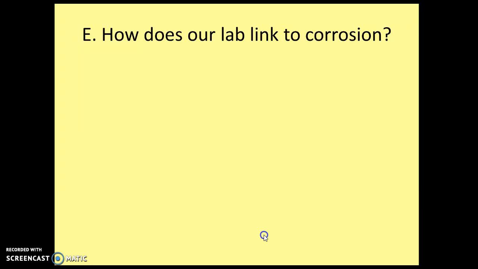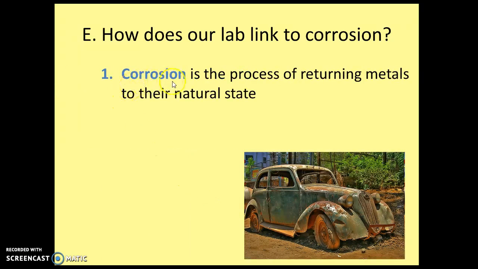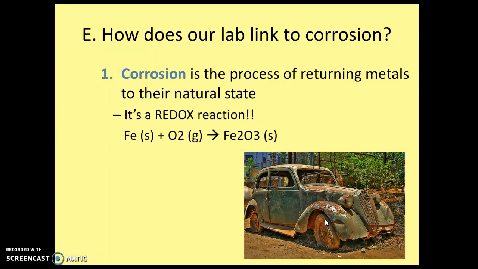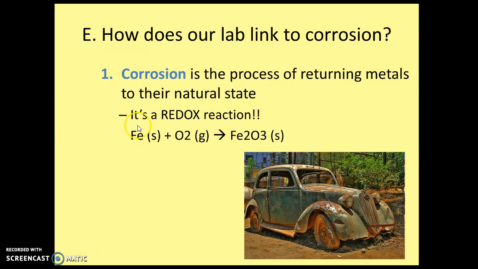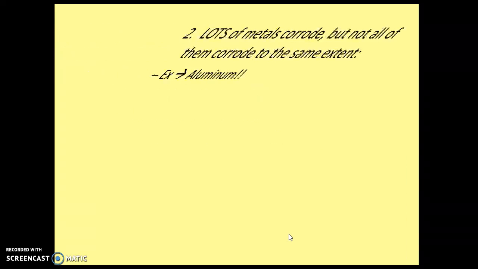How does our lab link to corrosion? So we did that virtual lab. Corrosion is a process of returning metals to their natural state. Corrosion is when metals are reacting with oxygen, so we can see rusting form. It's a redox reaction. So iron metal, Fe, reacts with oxygen to create iron oxide, and they're exchanging their electrons.